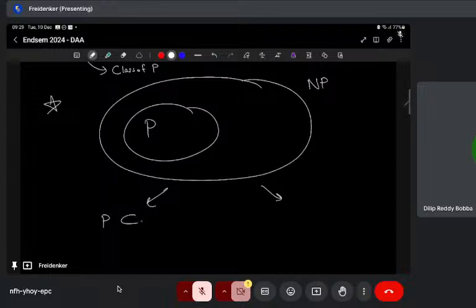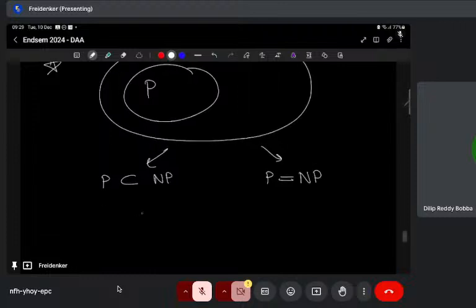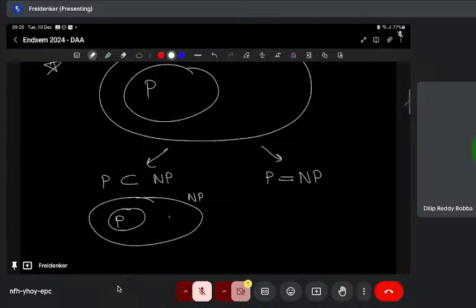P is a proper subset of NP, and the other case is P is equal to NP. If that is the case, then you will find some element that is outside P but still inside NP. Or else, if P is equal to NP, it means no such thing is there and it's just the same thing. So P equal to NP. There is no difference.